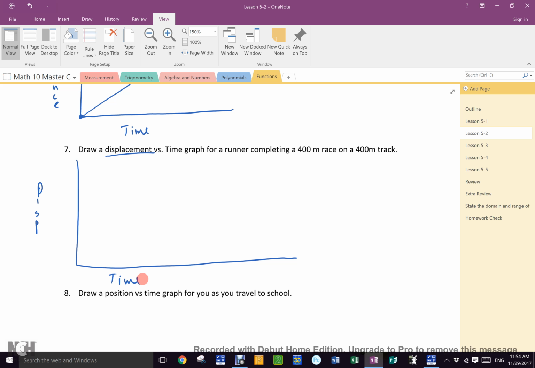But that is not the track of which I speak. What does a track look like for running on? It is an oval. Right? And essentially, each side is 100, and each corner curve is 100.